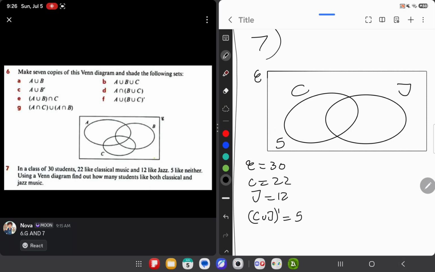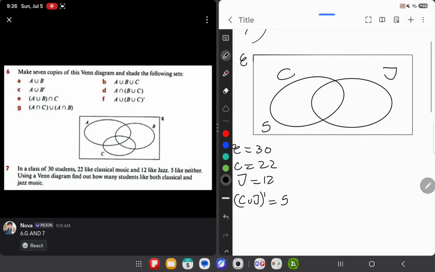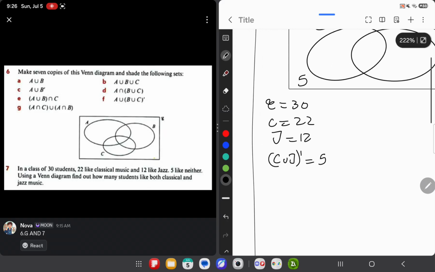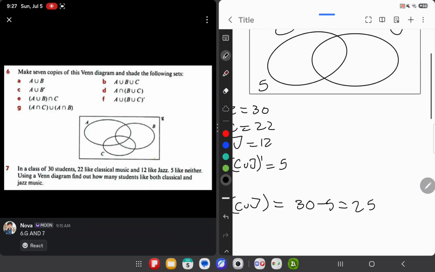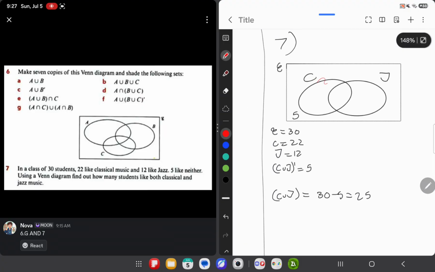What are we given? There are 5 people who like neither. So if there are 5 people who like neither, C union J should be 30 minus 5, which equals 25. This region over here must add up to 25.